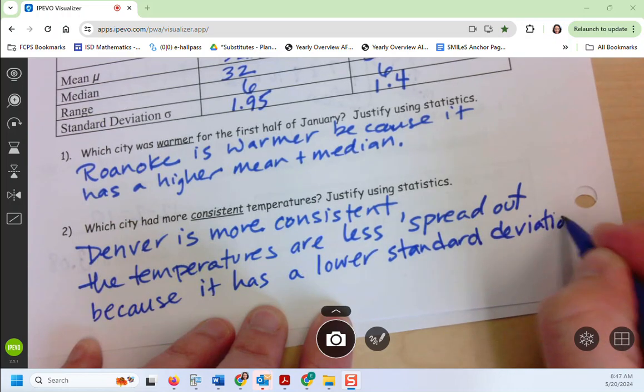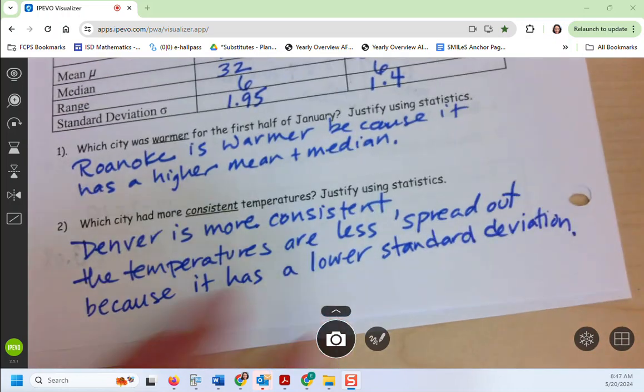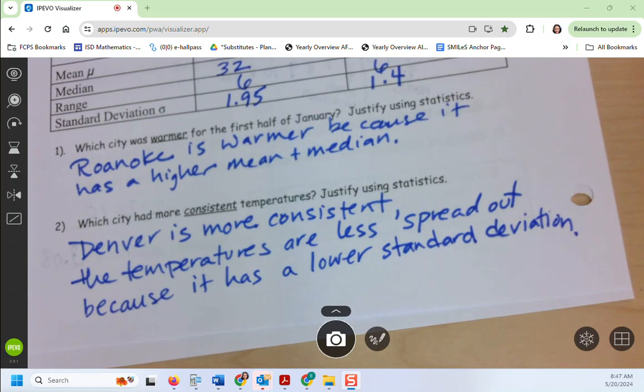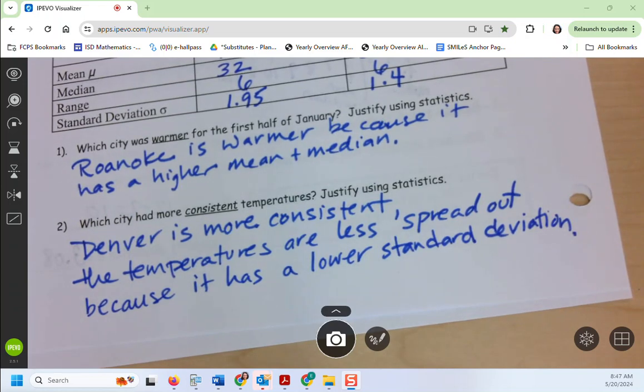And you can kind of see that in the chart too. When you look at the chart for Denver, except for that one temperature that was 35, they're pretty much all clumped together and less spread out.